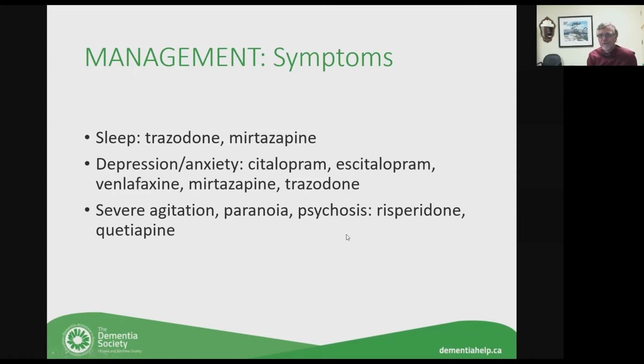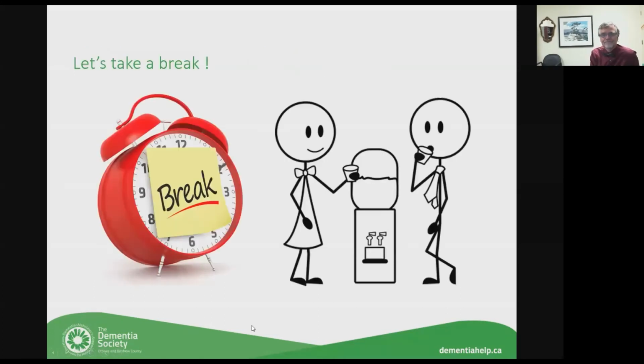My experience with the antipsychotics has been very good. I do wait. I try everything else first, and only when we're sort of desperate and we're not getting benefits elsewhere, then I'll turn to the antipsychotics.